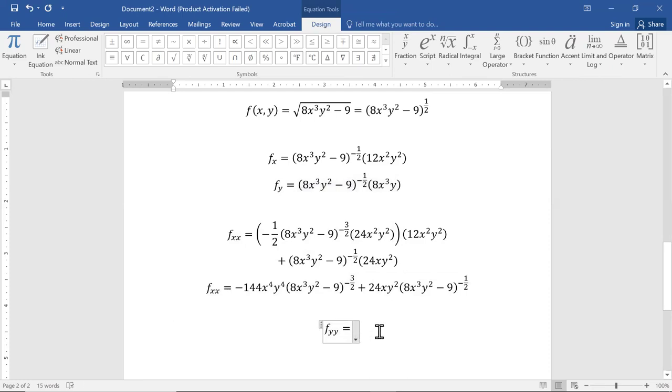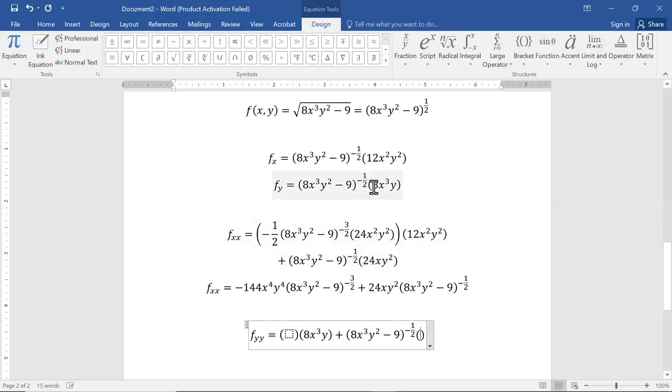And again, it's going to be the derivative of that first component times my normal second component, 8x to the 3rd y, plus the normal first component, unchanged, times the derivative of the second component.